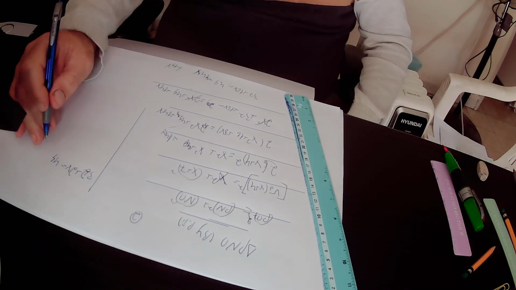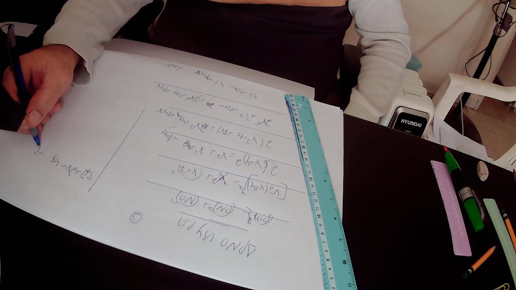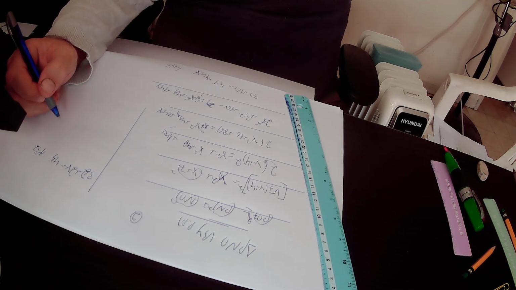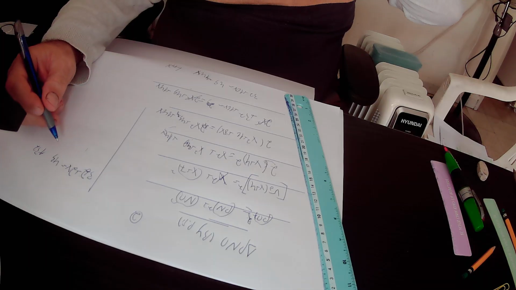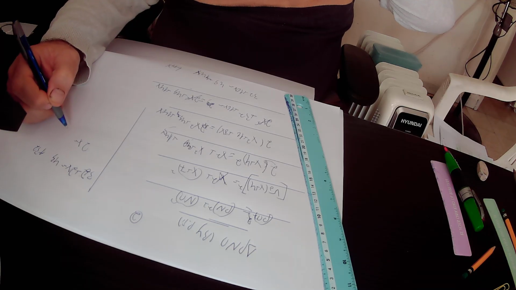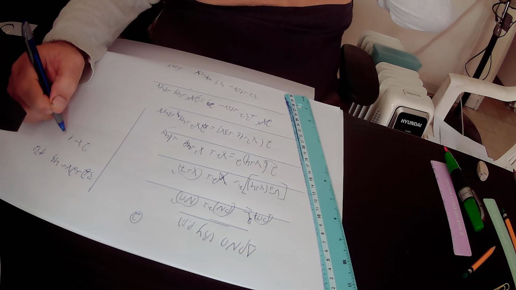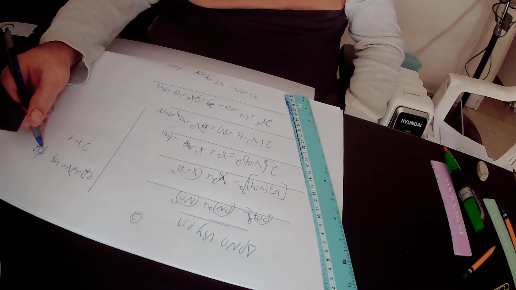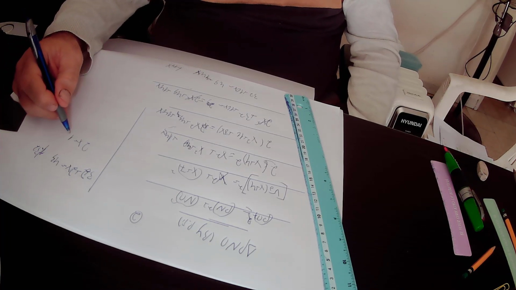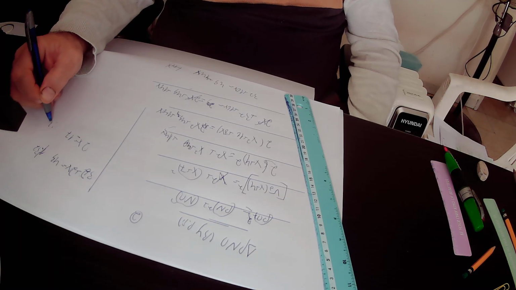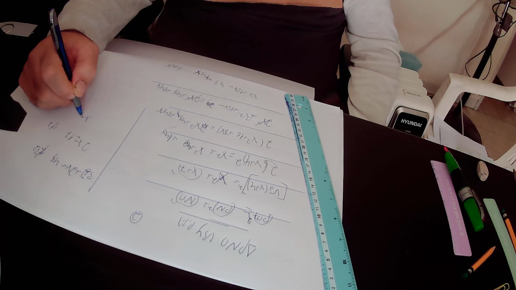Here we subtract 32 from the equation, and finally we get that 2x equals 17. Here we divide this equation by 2 and find out that x equals 17 halves.